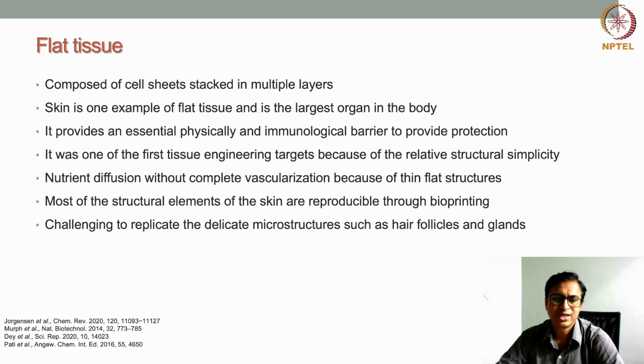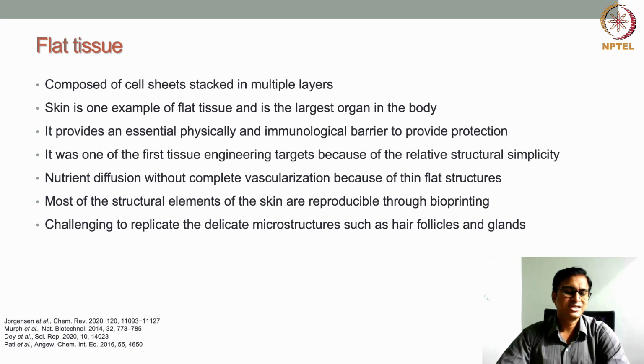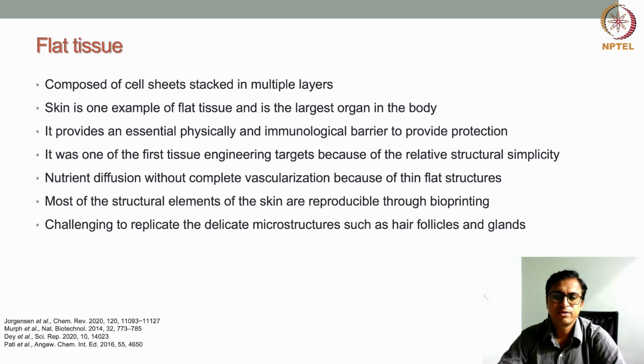But most of the research is now focused on developing these specialized structures on the skin, like hair follicles and glands, and also things like how to generate nerve endings, to integrate nervous tissue within the skin graft so that the bioprinted skin can have sense and tactile response.